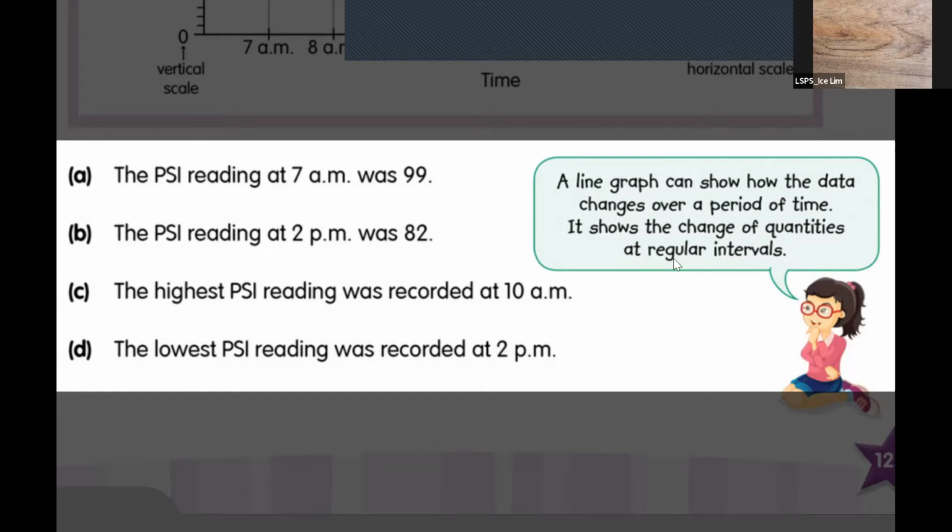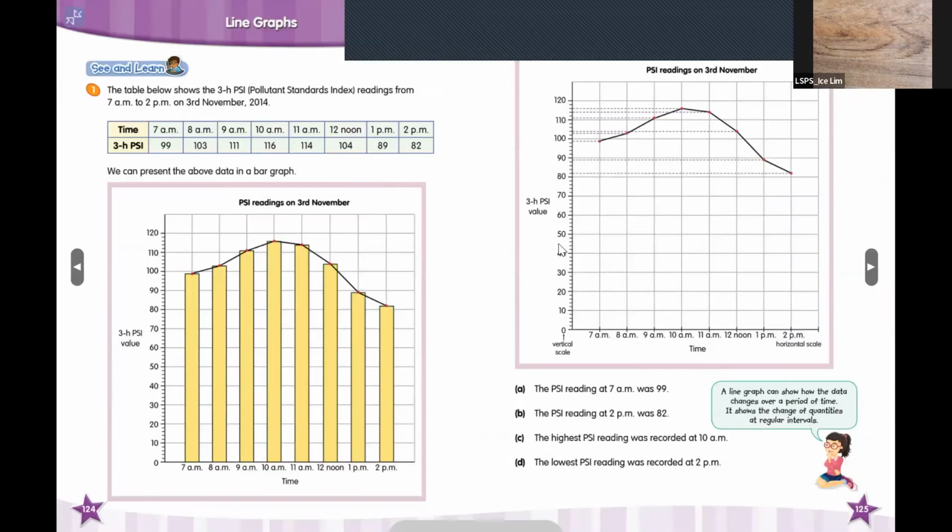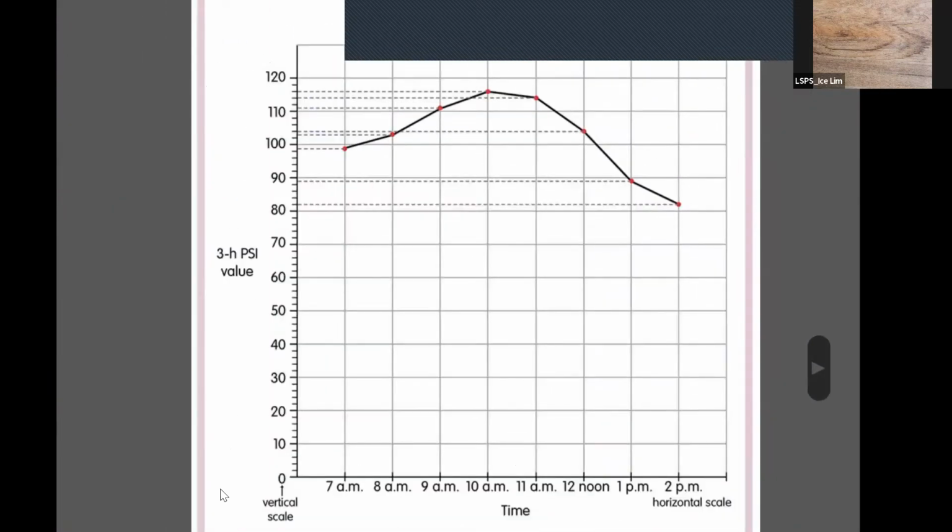What does it mean by regular intervals? It means looking at the axis, it's regular. Both the horizontal axis, the horizontal scale, and the vertical scale or vertical axis, they are at regular intervals. You don't skip the interval.